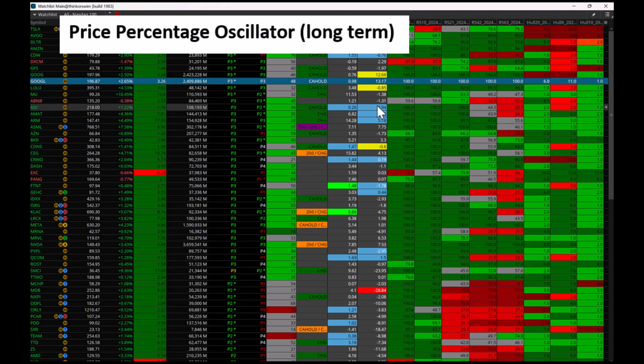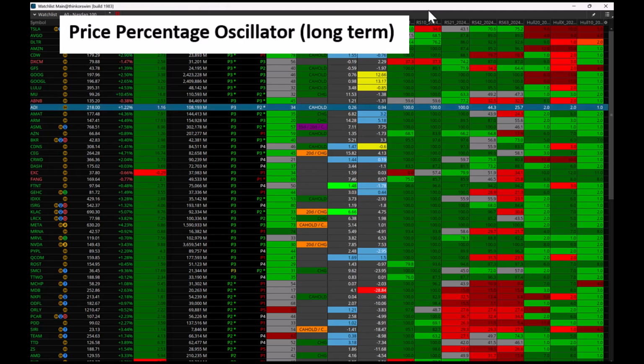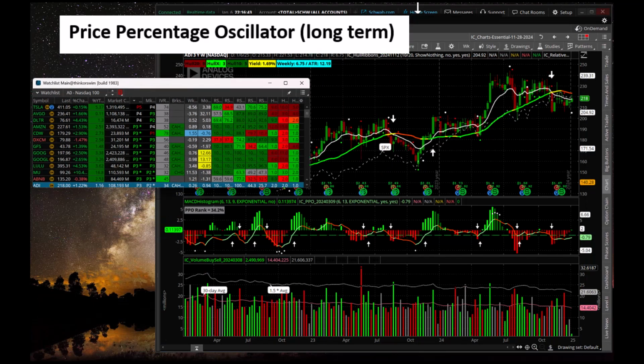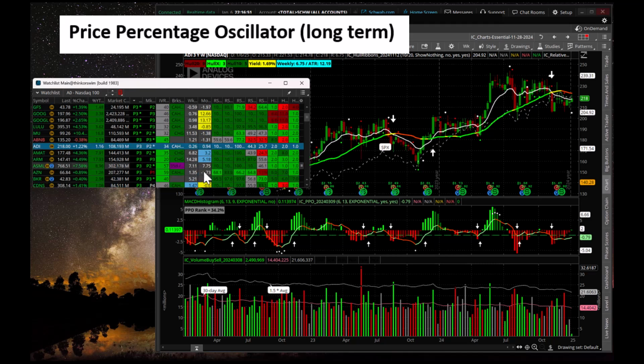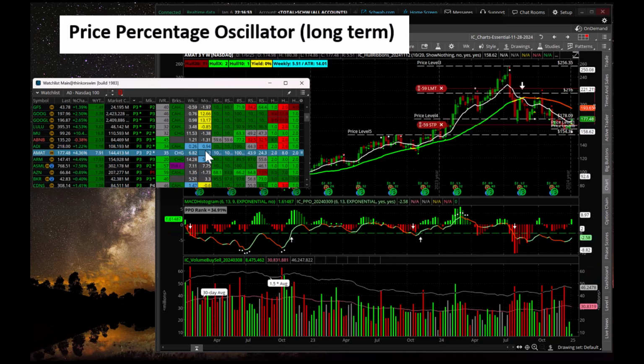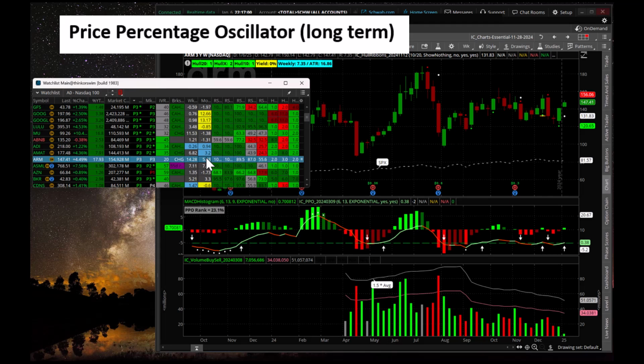There happens to be one right here, and I'm thinking that perhaps if I'm lucky I can start to see the PPO start to rise, and if I'm lucky I'll find another one. Here's one here. I'm starting to see it rise, but I haven't seen any white dots at that level.